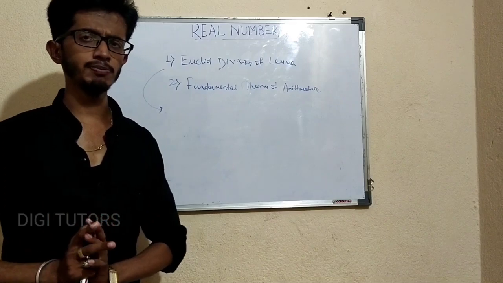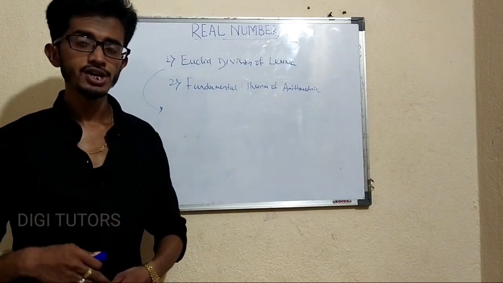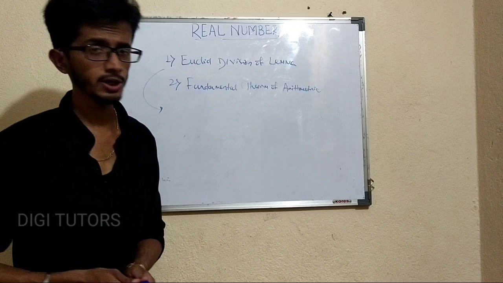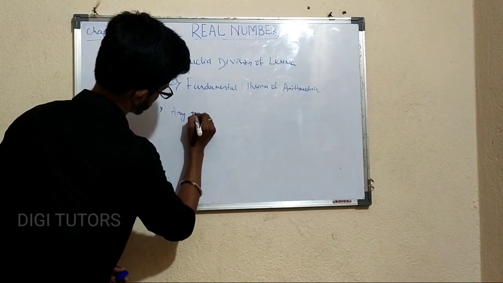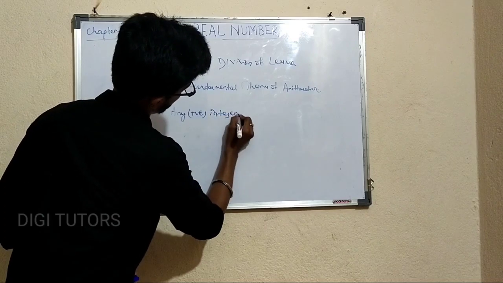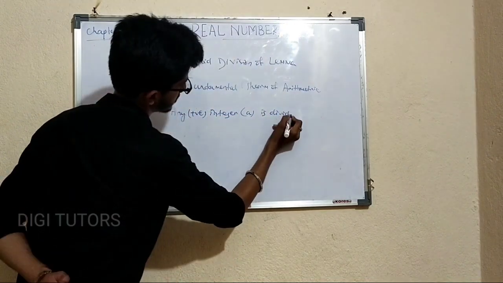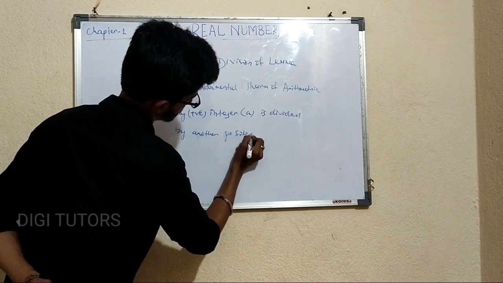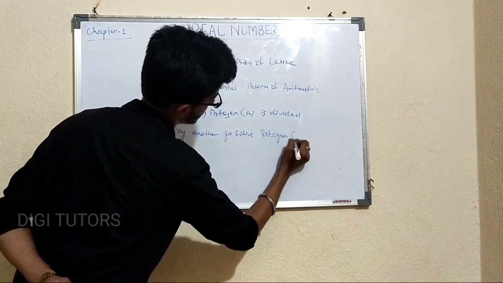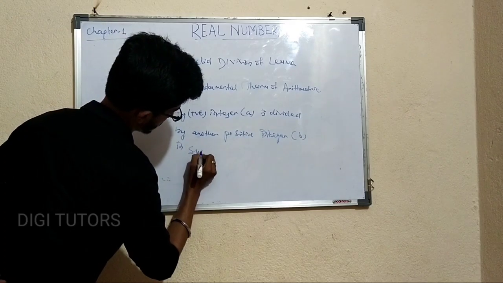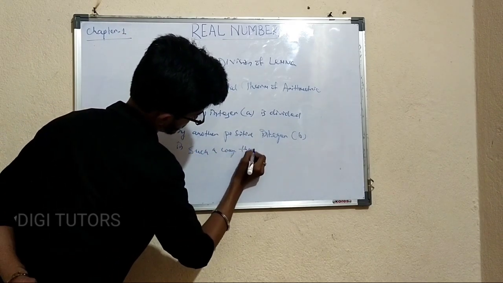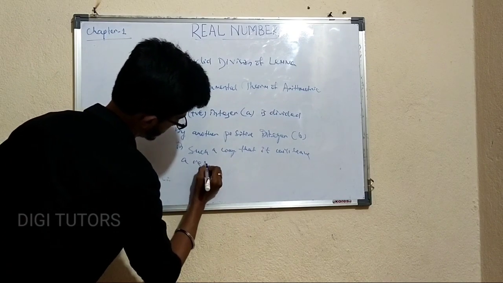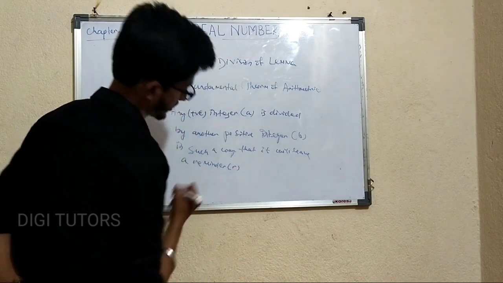First of all, stated simply: any positive integer a is divided by another positive integer b in such a way that it will leave a remainder r.